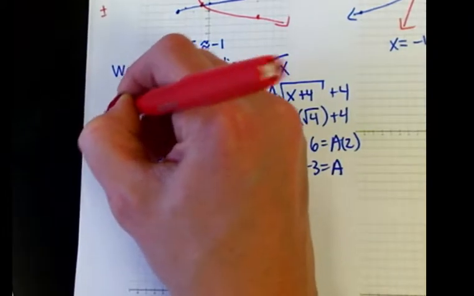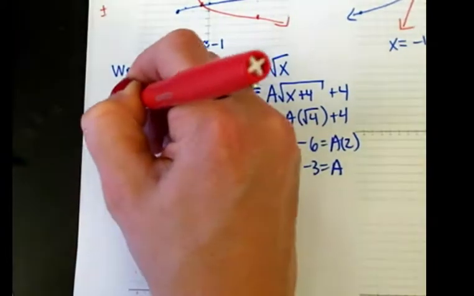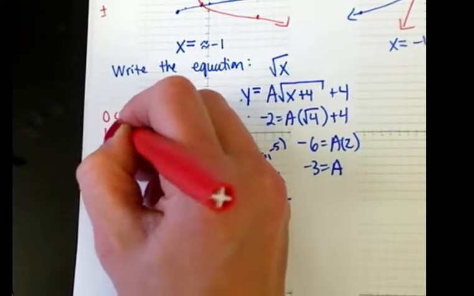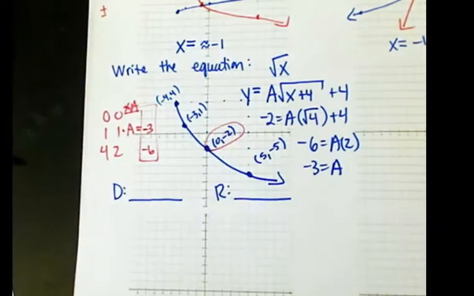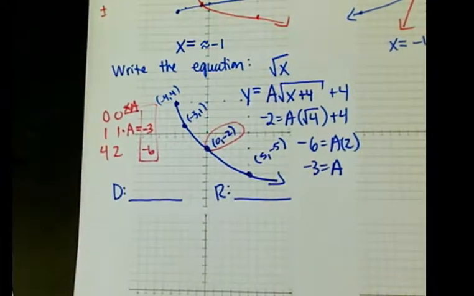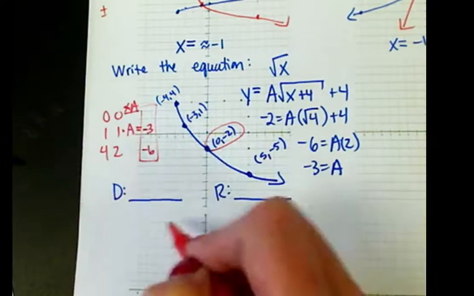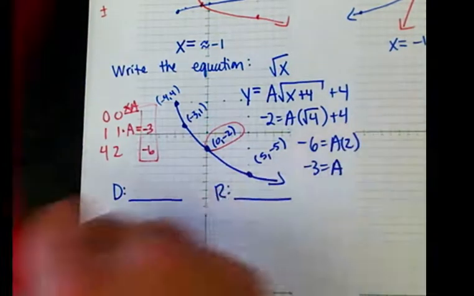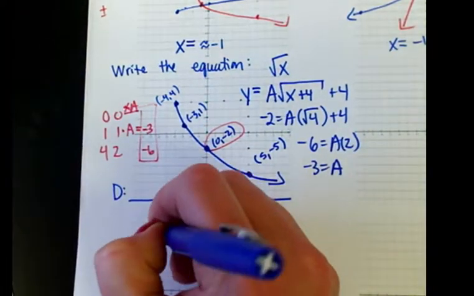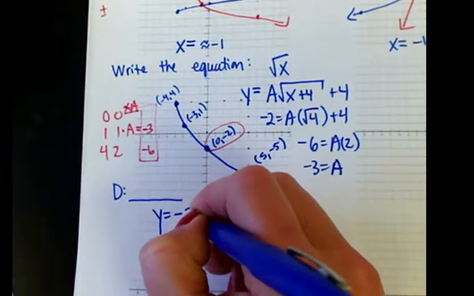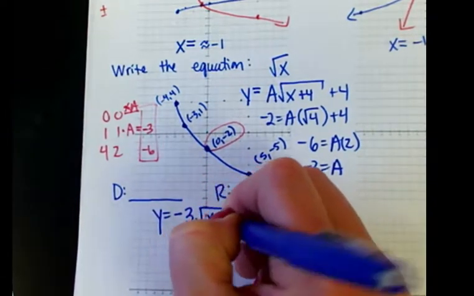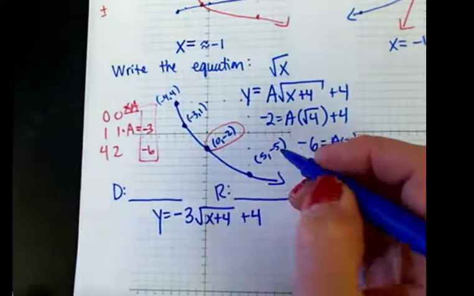All right, well, what do you times by to get there? You times by A. So 1 times A equals -3. A is -3. Doesn't matter how you set it up, but you can plug in points or you can compare the ratios. But this is your equation. So y equals -3 square root of x plus 4, plus 4.